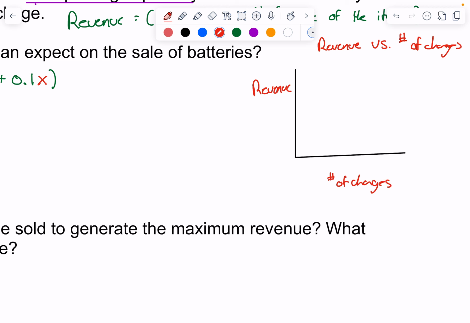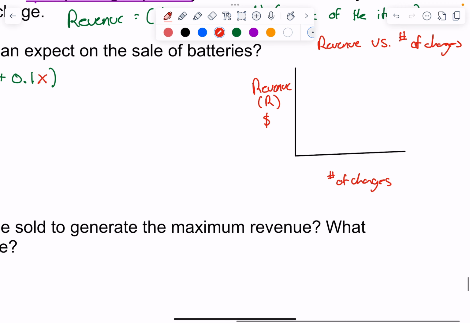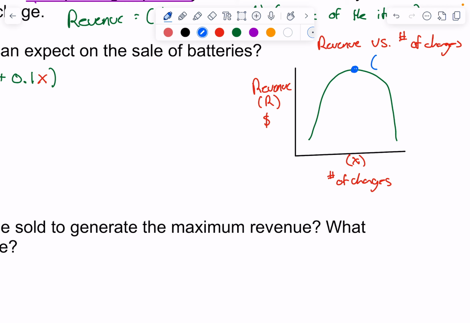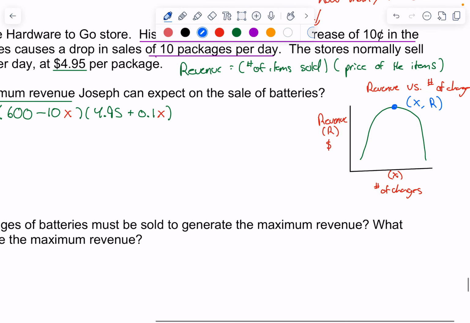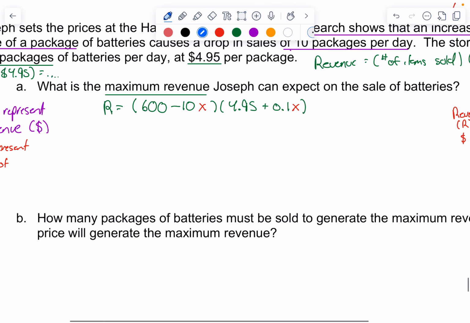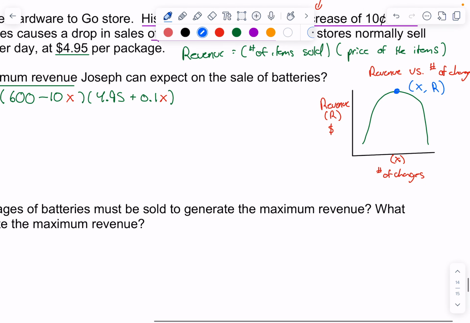And this is given the variable R, measured in dollars. And this is given the variable X, all right, which doesn't have units because it's just number of changes. You would have some parabola where this would have a maximum, that would have a maximum number of changes, X, with a maximum revenue. Okay? So in this first problem, what is the maximum revenue? Once again, we are looking for the K value.